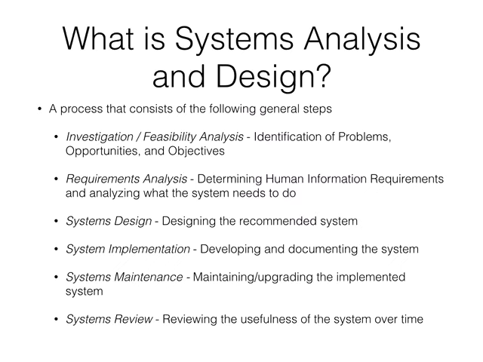Okay, so what is systems analysis and design? As an overview, it's a process that consists of the following general steps. Investigation, feasibility analysis, the identification of problems, opportunities, and objectives, requirements analysis, where we determine human information requirements and analyze what the system can do, systems design, where you design the recommended system, systems implementation, where you actually develop and document the system, and then systems maintenance, where you're maintaining and upgrading the implemented system.